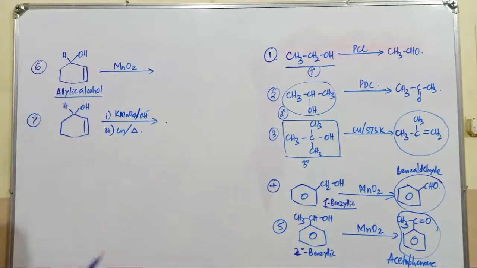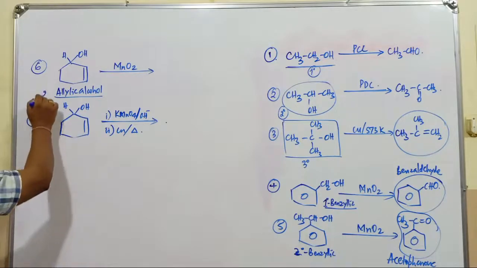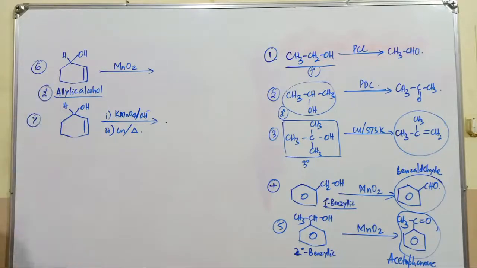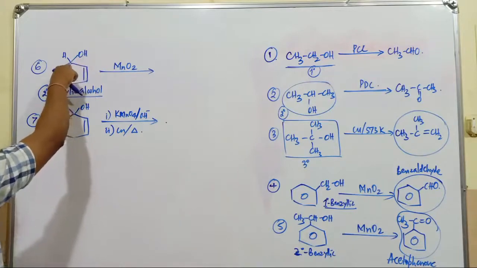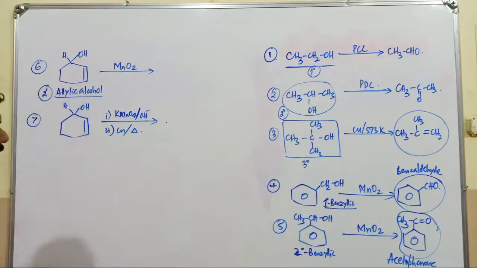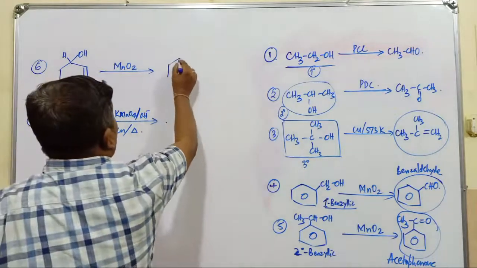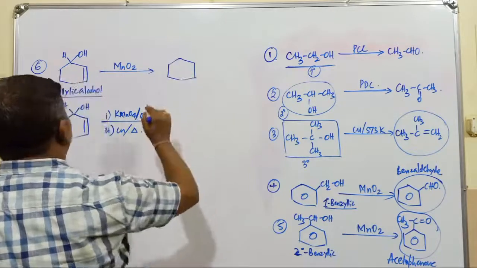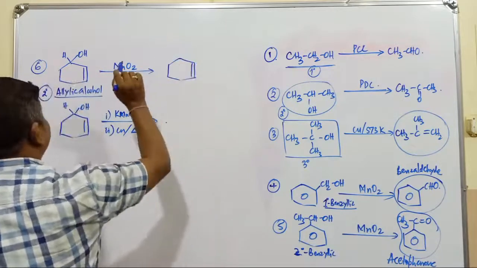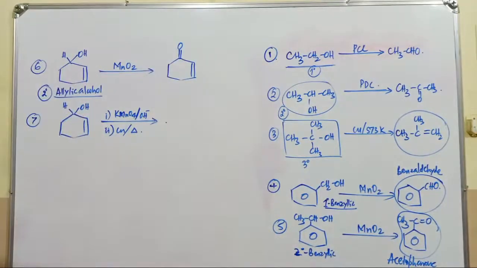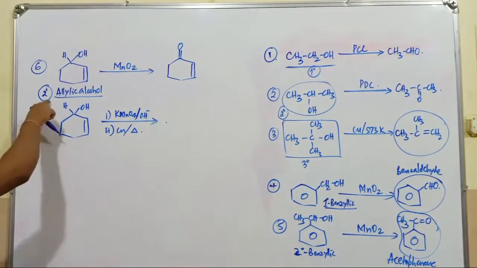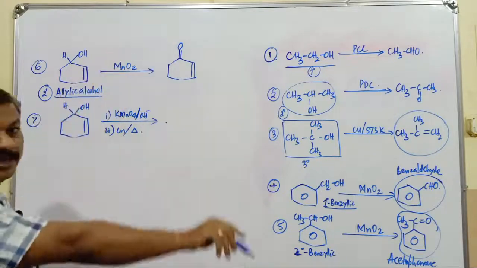Is it a primary or secondary allylic alcohol? This one is a secondary allylic alcohol, right? This carbon atom contains OH. The nature of this carbon atom is going to be secondary. So what's the compound obtained from secondary compounds? When secondary allylic or benzylic alcohols are oxidized in presence of MnO2, the compound obtained is going to be what? Ketone. If the compound is primary, naturally it gives us what?